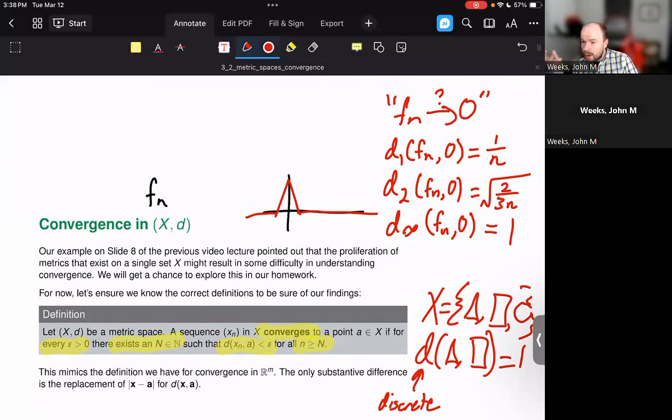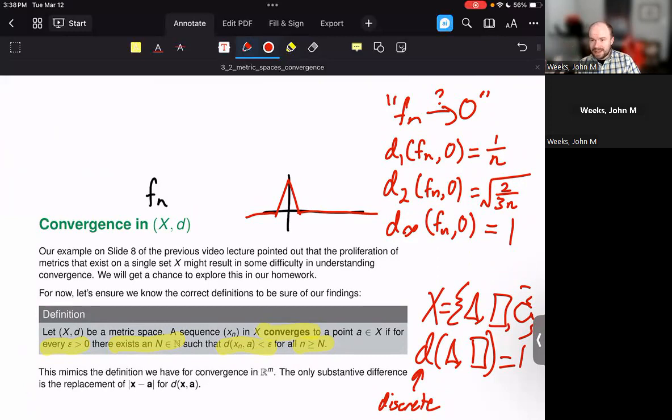Well, it should for the d1 metric, because d1 of f sub n and 0 is going to be equal to 1 over n, and that is a value that should converge to 0. So once we get down what f sub n is in terms of n, we can think of this as a real number sequence now, where the d1 values are equal to 1 over n, and we know 1 over n goes to 0. Hence, the functions f sub n should converge to 0.